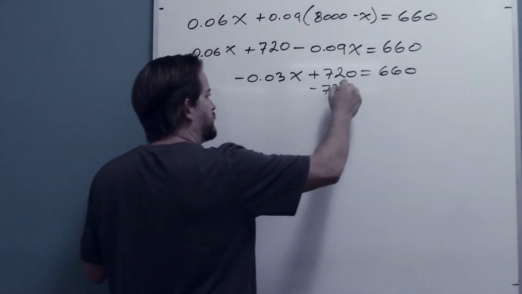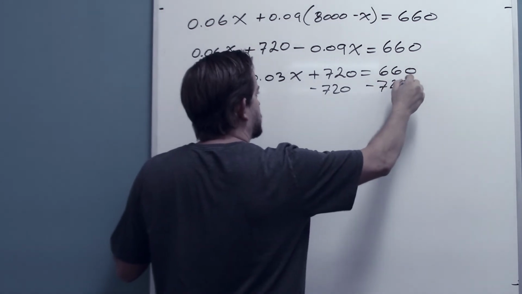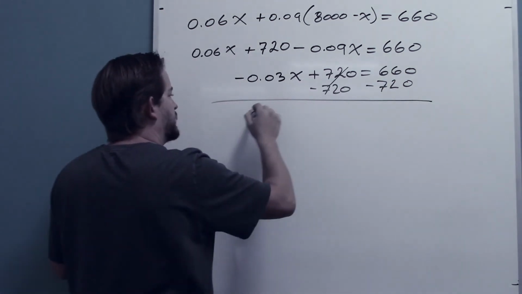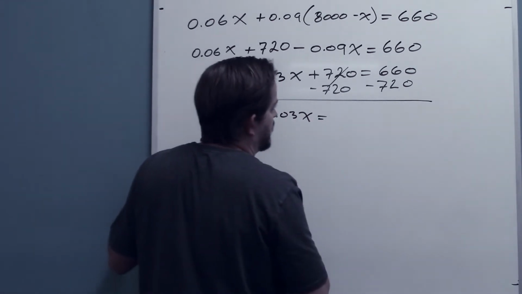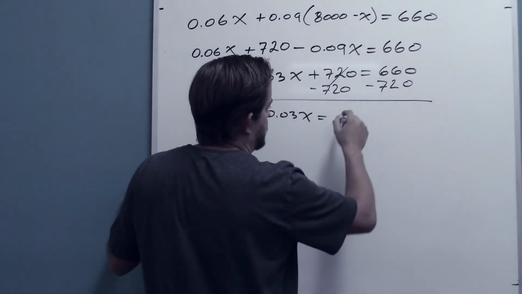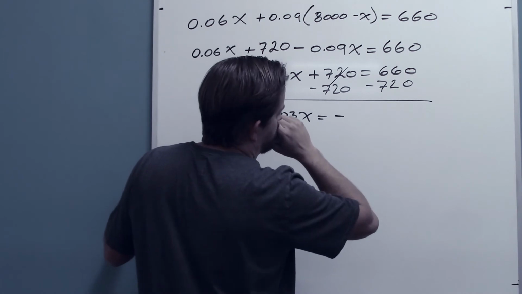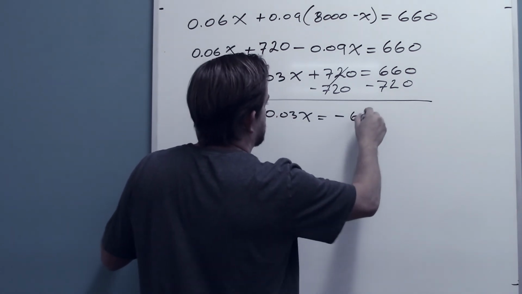Subtract 720 from both sides. And again, negative 0.03x equals negative 120. Or sorry, negative 60.